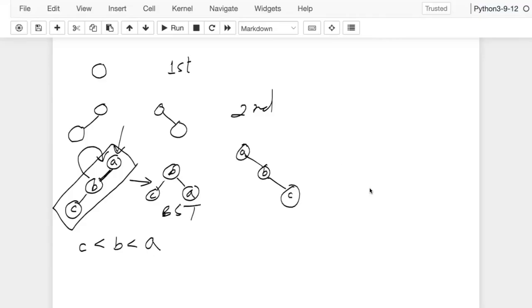In this case, I have A is less than B and is less than C. We do a right rotation on A. So in other words, this B becomes the root, and this is within balance.